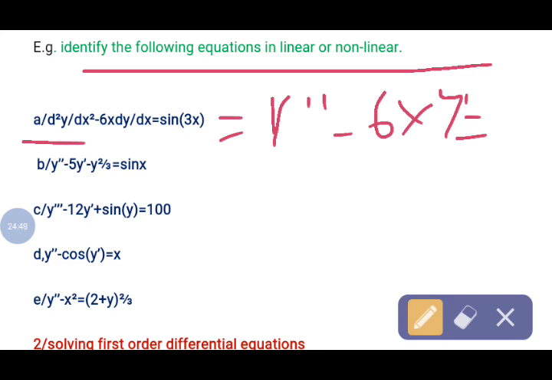In the first case, the condition is fulfilled, but in the third case, y is a product of x. Is this linear or non-linear ordinary differential equation?